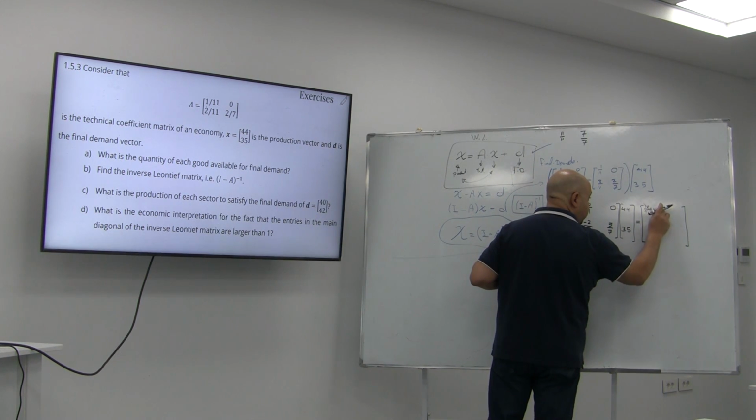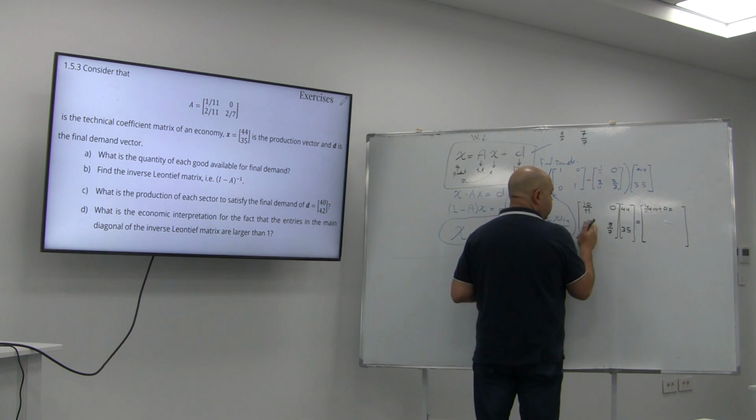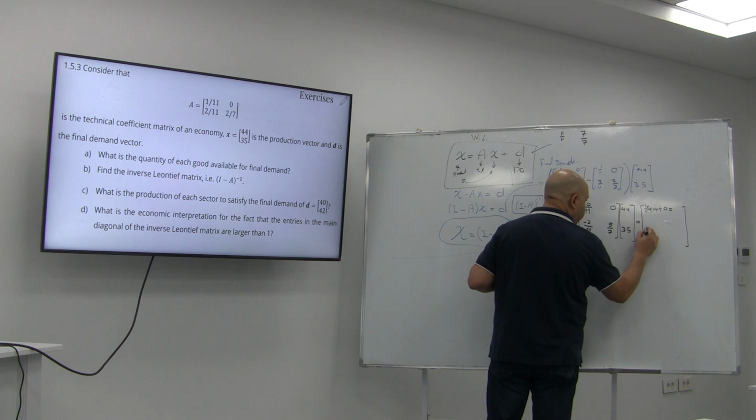So this is gonna be plus a 0. In a similar manner, negative 2 over 11, I will multiply it by 44, then I will add 5 over 7 times 35.